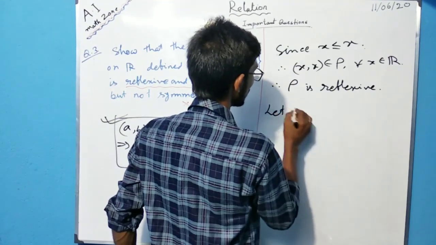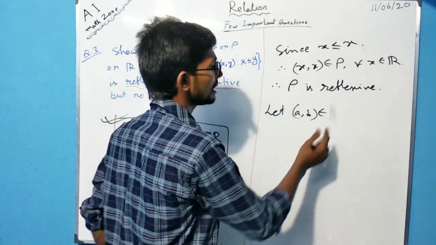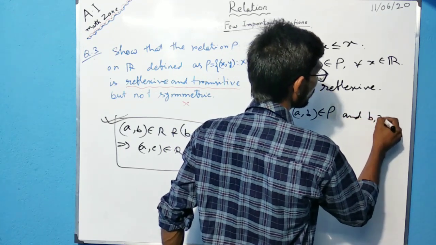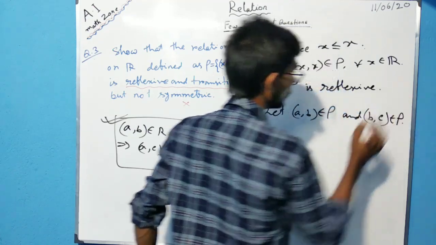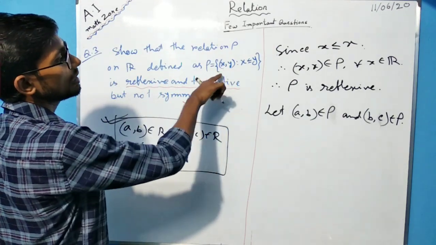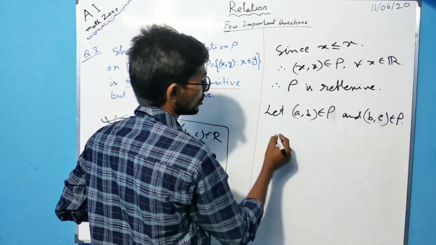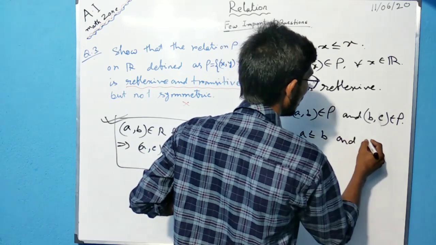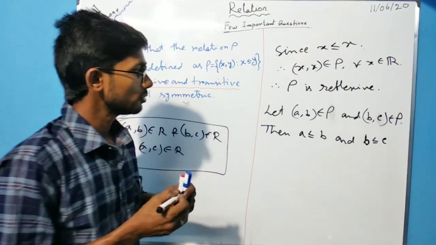So let AB belongs to rho, see here the relation is rho, so rho and BC belongs to rho. जब भी AB belong करता है तब यहाँ का डेफिनेशन क्या दिया हुआ है, first element will be less or equals to second element. So यहाँ से अगर A element rho में belong करता है, then A is less or equals to B and B is less or equals to C, right?